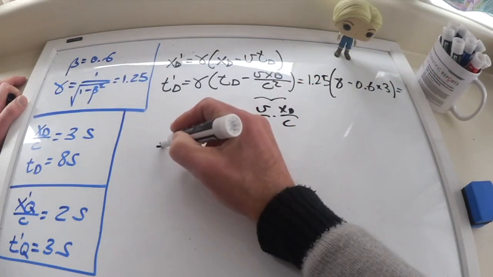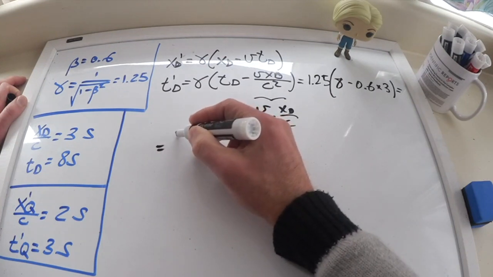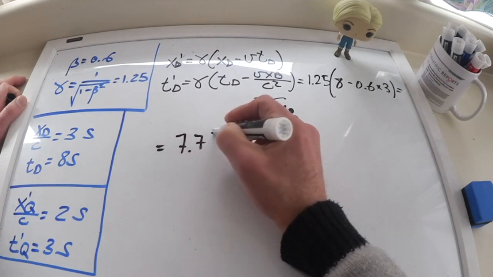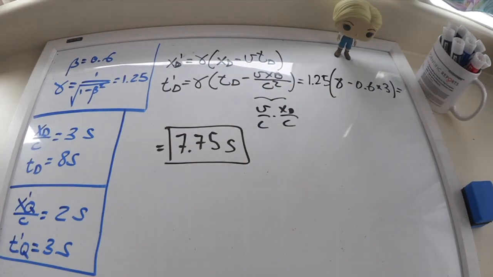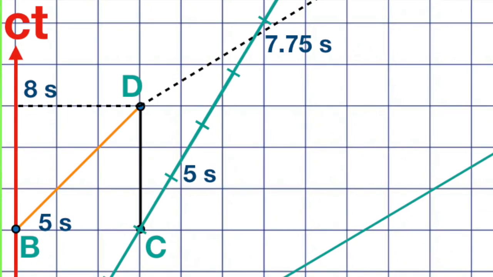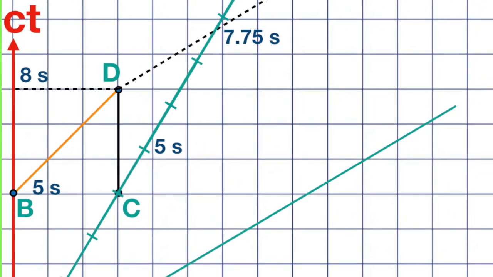We substitute that and we get 7.75 seconds. So it takes place at 7.75 seconds as seen from the Millennium Falcon, which is what we found by using Minkowski spacetime diagrams.